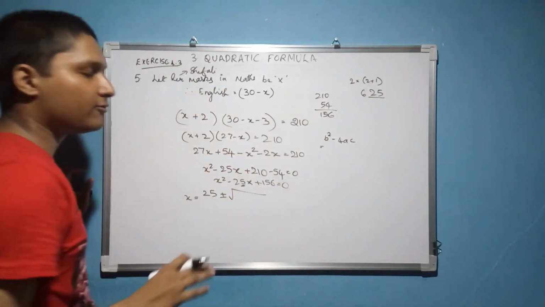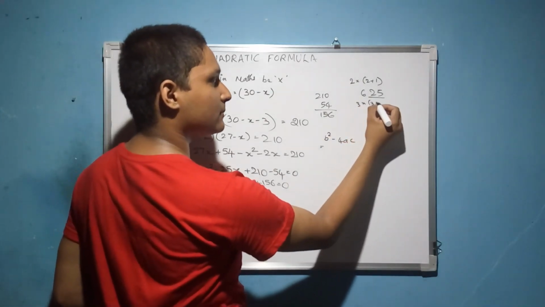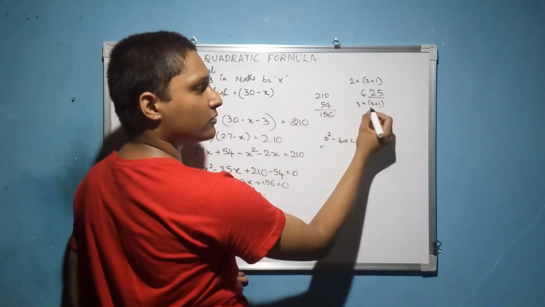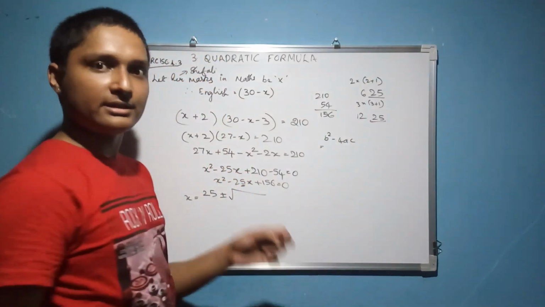Or while finding the square of 35, it becomes 3 into 3 plus 1, which is 3 into 4 is 12, so it is going to be 1225.